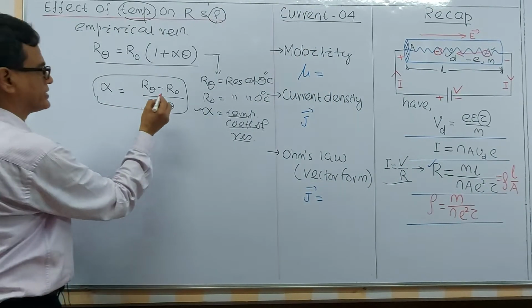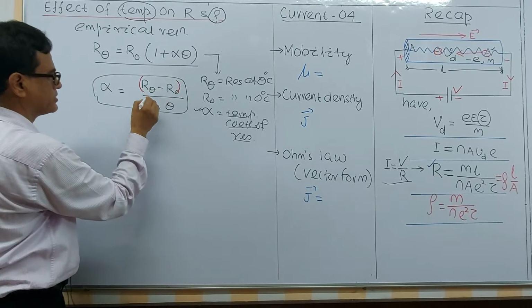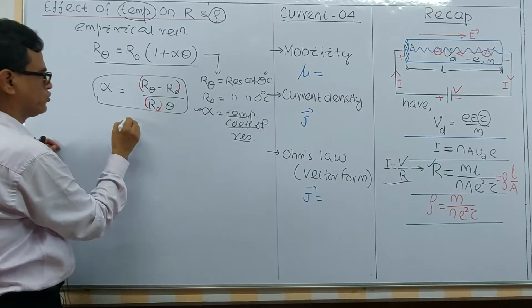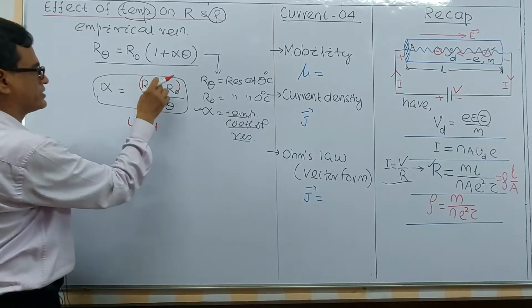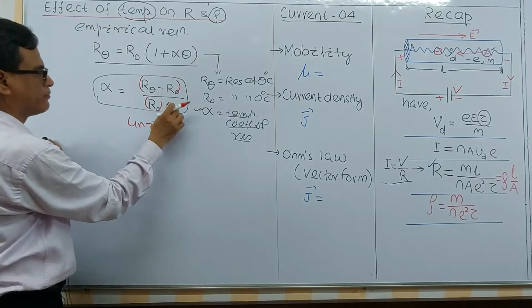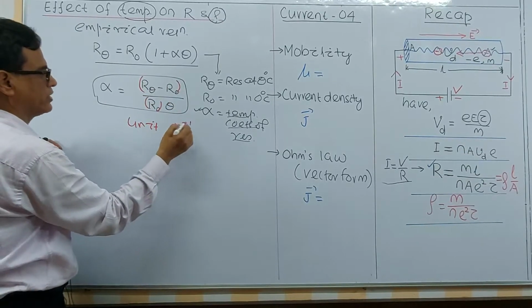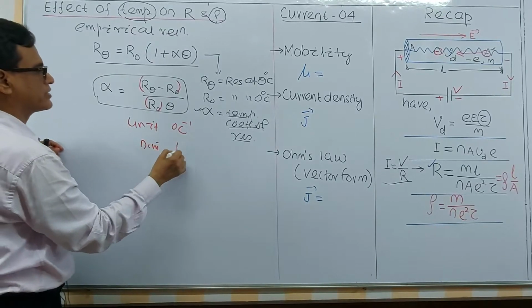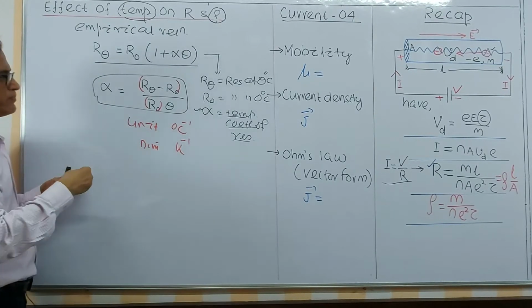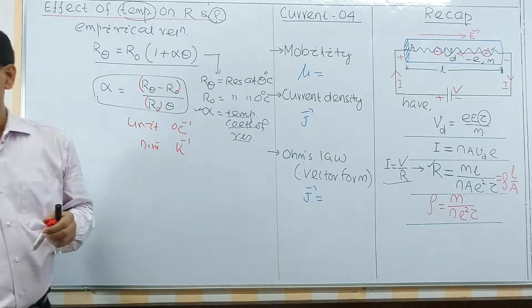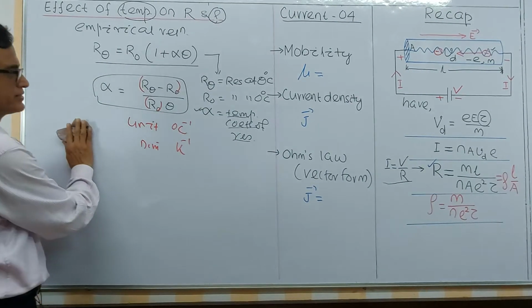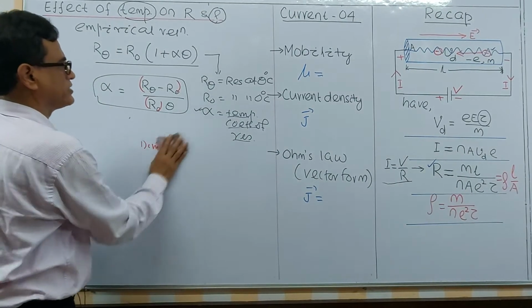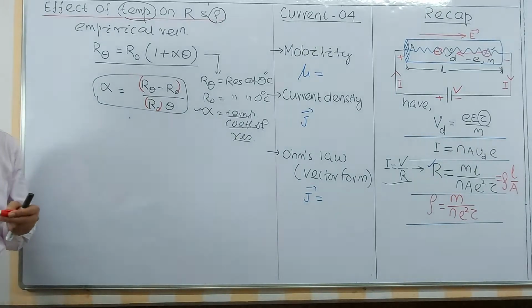In unit, resistance cancels out and temperature is in the denominator, so the unit is degree Celsius inverse, and the dimension is K inverse. This is very simple, you can find alpha from this formula. But what is the significance of this alpha?